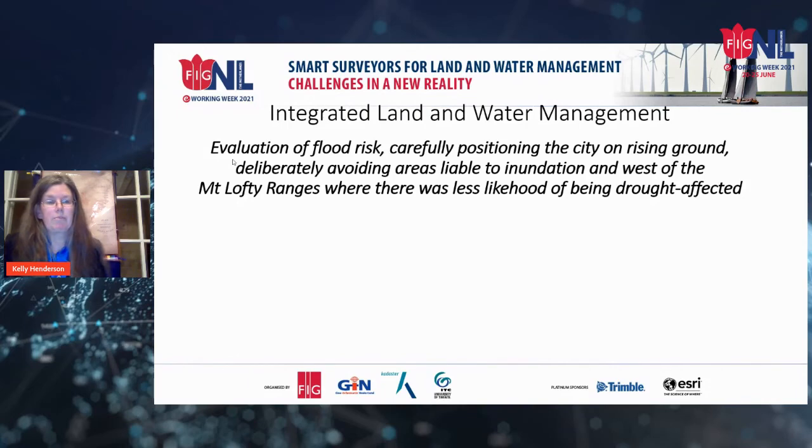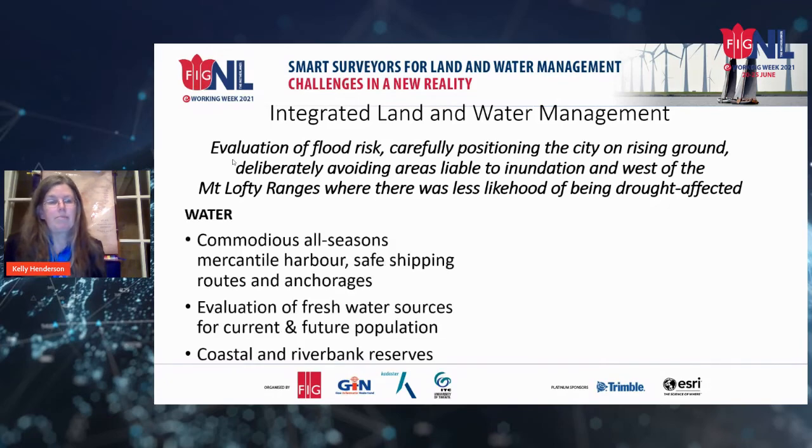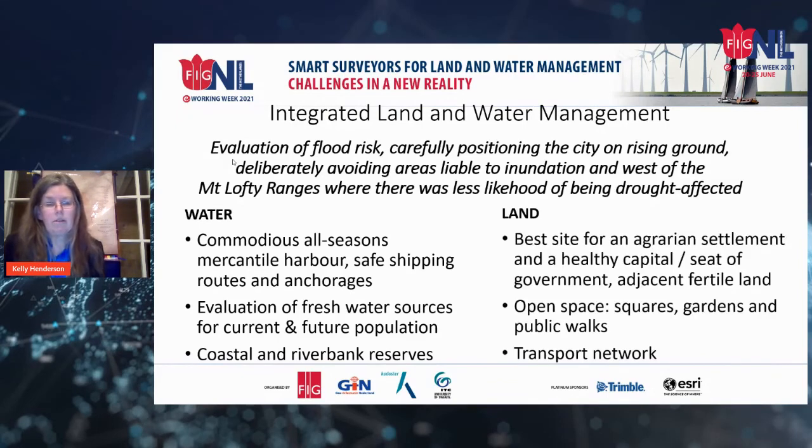And he was particularly experienced with the risk of rivers rising rapidly. Next, thank you. He had to provide not only for drinkable water, but also for safe access for shipping. And next. And for land. So he had to balance these competing interests, look for the best and prepare for the worst.